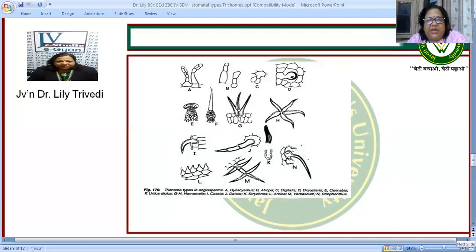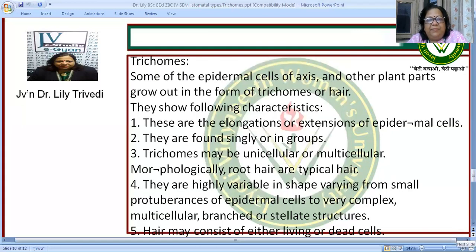Now we come to trichomes. What are trichomes? They are some of the epidermal cells of the axis and other plant parts which grow out in the form of hairs, or they are also called trichomes. They show the following characteristics: they are elongations or extensions of epidermal cells.